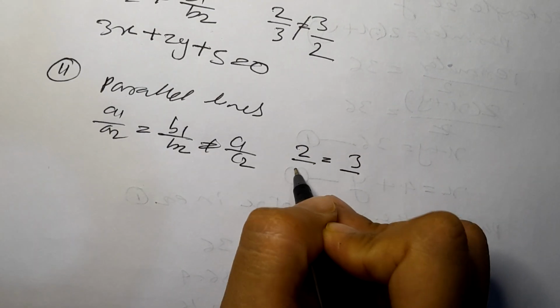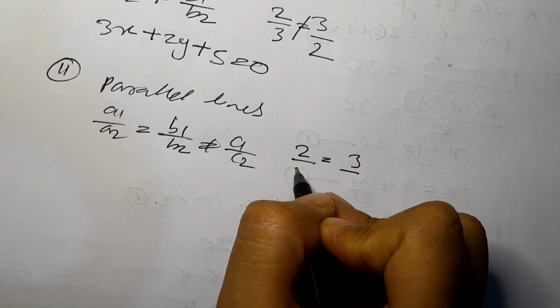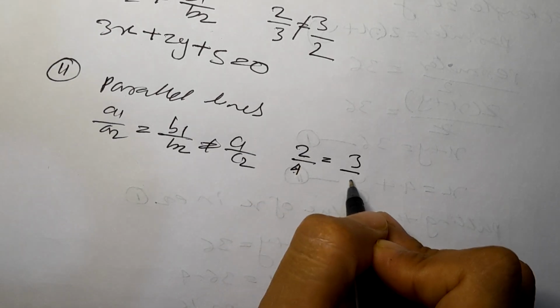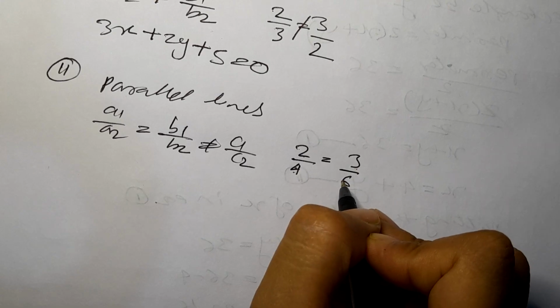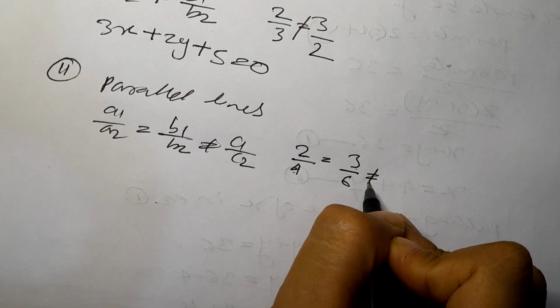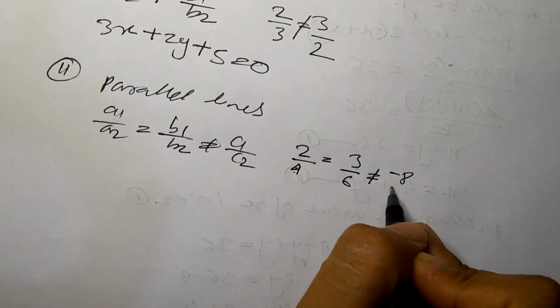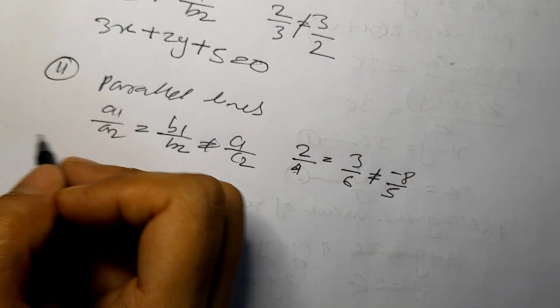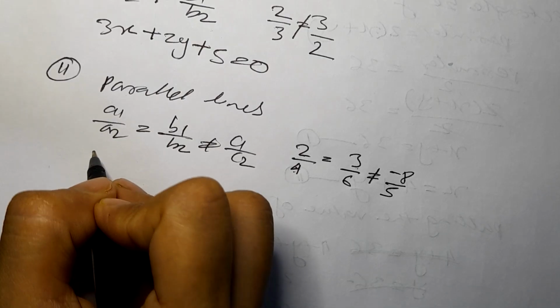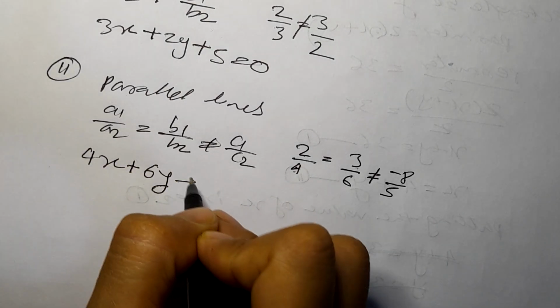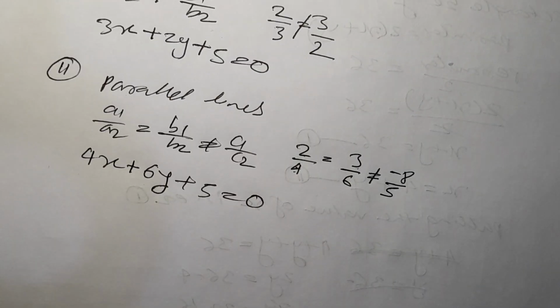If I take 4, it gives half. If I take 6, it gives half. Does not equal, here we have minus 8. If I give 5, okay, done. So it will be 4x plus 6y plus 5 equal to 0.